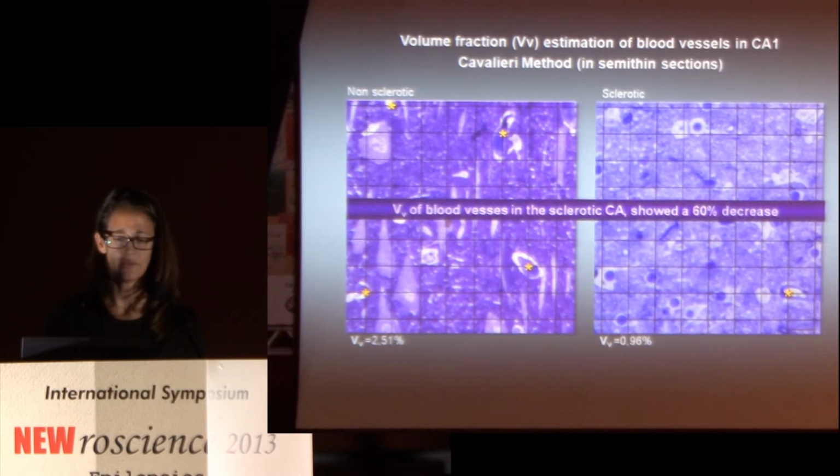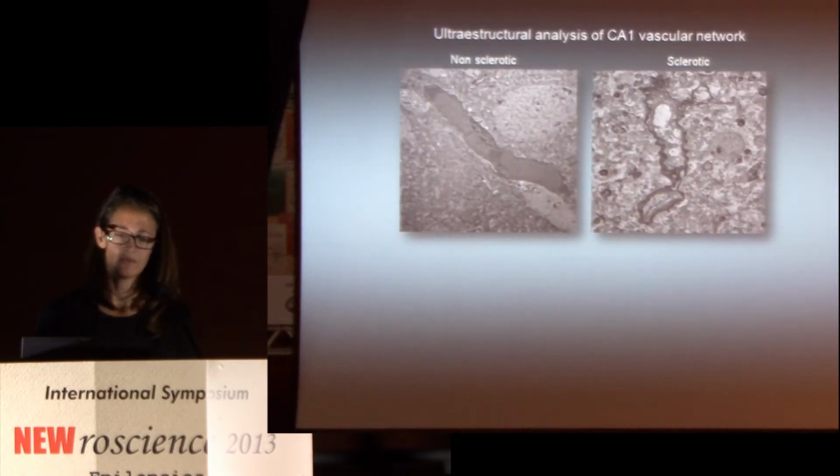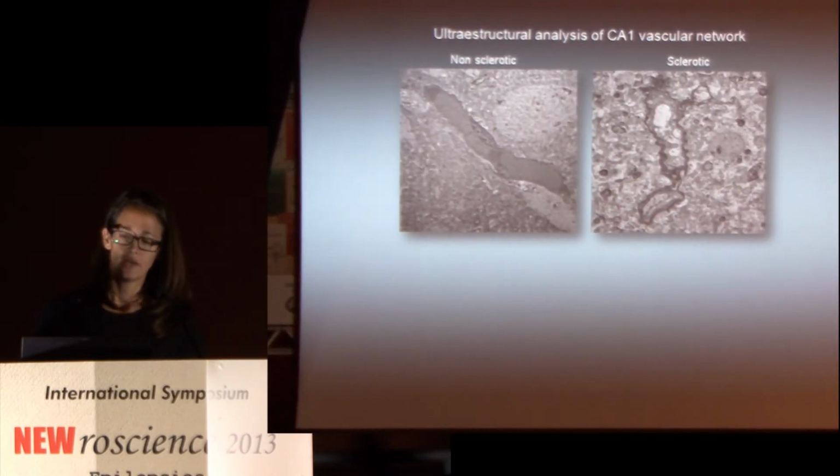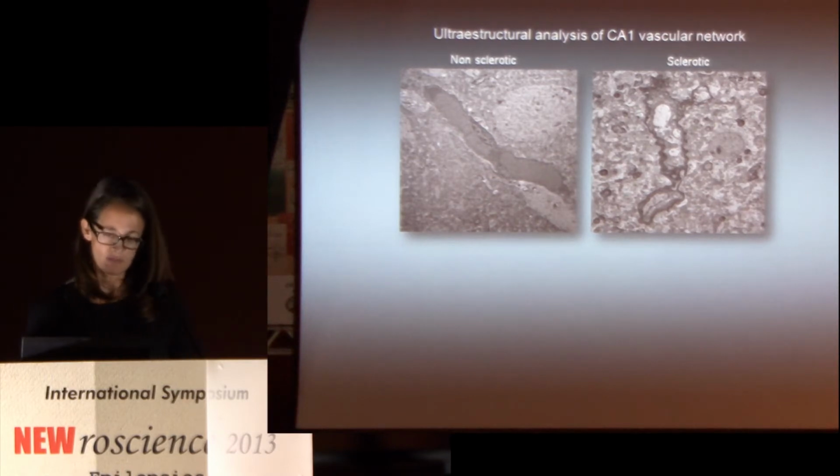When we quantified this data, we saw a 60% decrease, which was very concurrent with the AP staining. And since we have the collagen 4 staining in the sclerotic CA1, we decided to go to the EM to study the ultrastructure of these blood vessels.